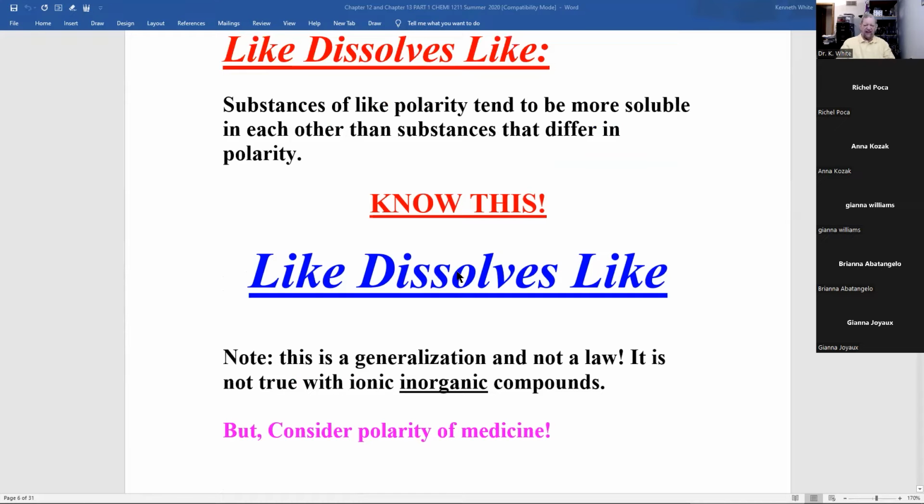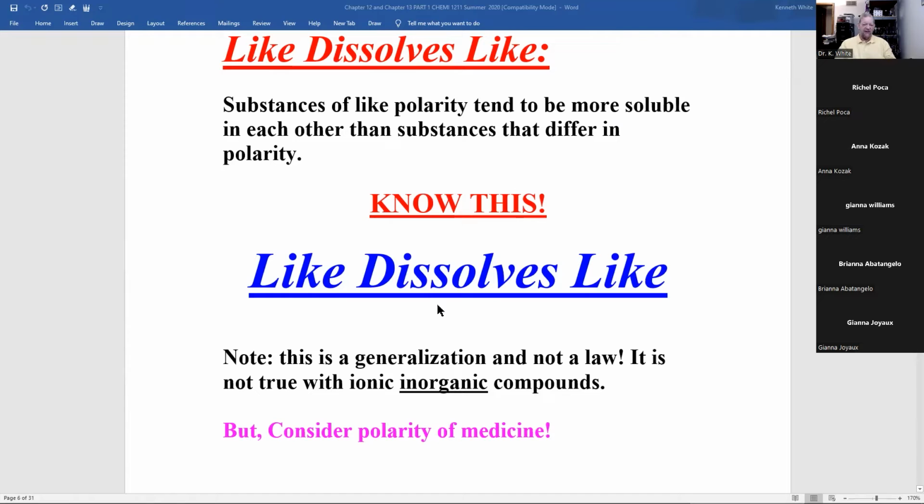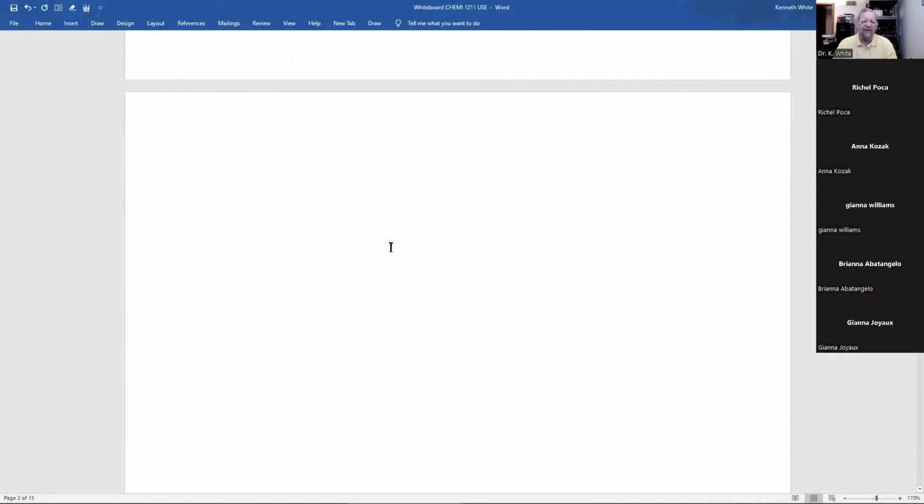Another way of saying that is things that are polar are soluble in polar things. Things that are nonpolar are soluble in nonpolar things. This is a generalization, and it's not true for inorganic ionic compounds always, but for organic and many of the molecules you use in your life it is true. All right, this is something you should know.